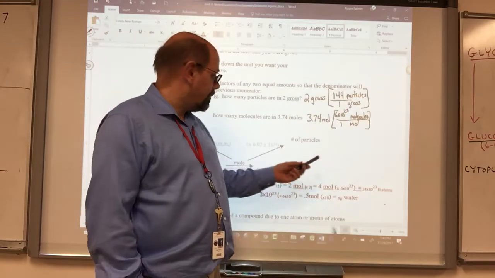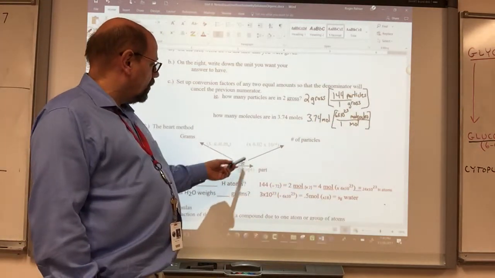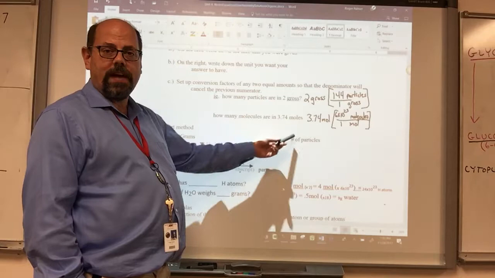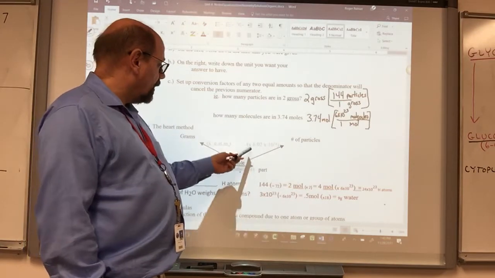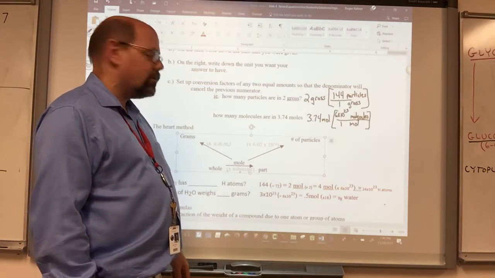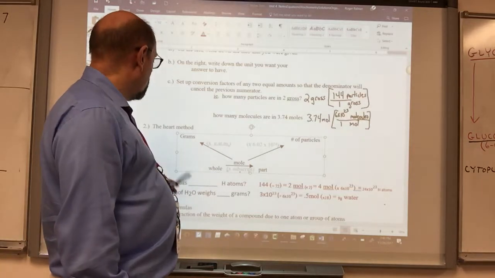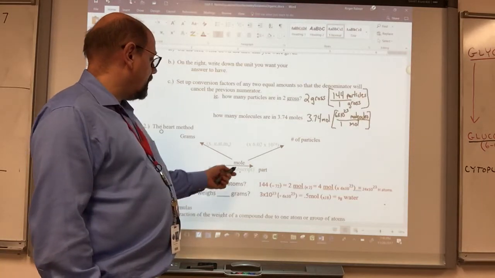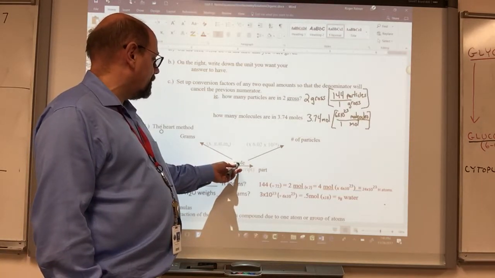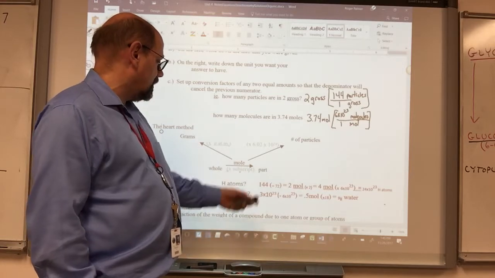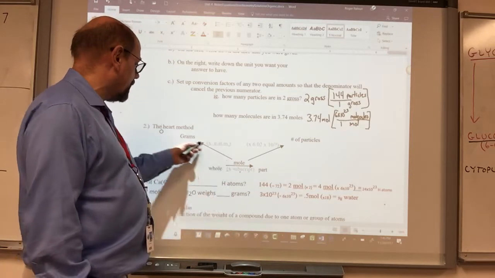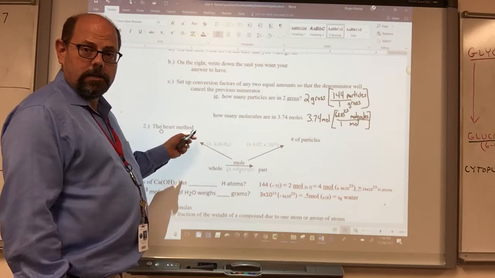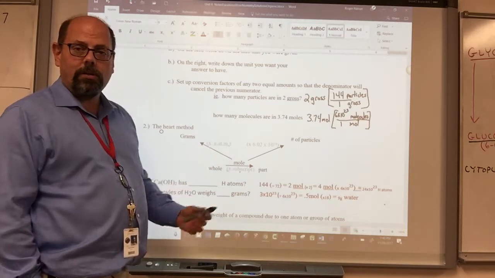Anytime you're going from moles to numbers of particles, numbers of atoms, numbers of molecules, you're multiplying by the 6.02 times 10 to the 23rd there. And the same thing, if you go from moles to how many grams there were, what are you effectively doing? Well, you're multiplying by the gram atomic mass. So these arrows are telling you what you can effectively do.